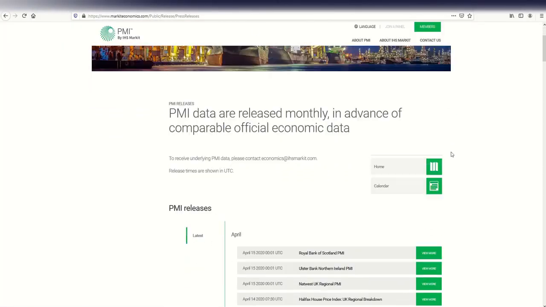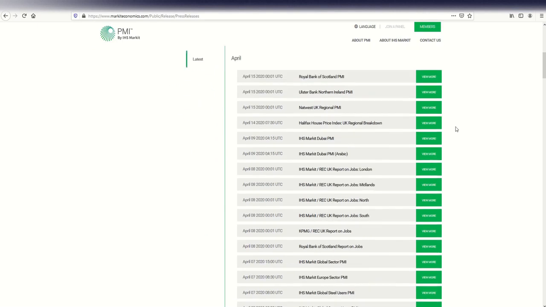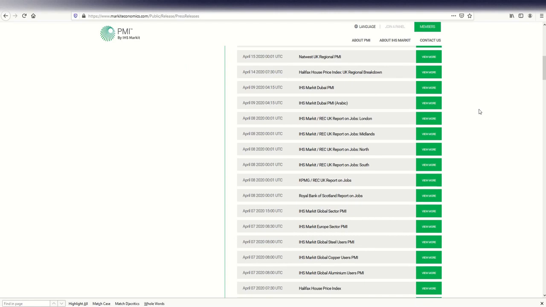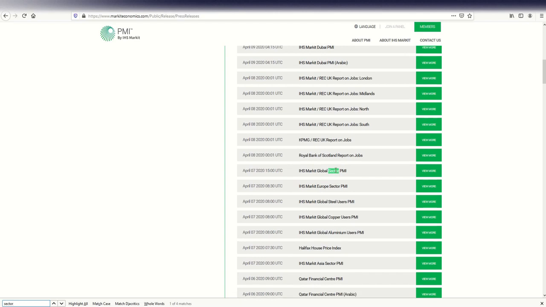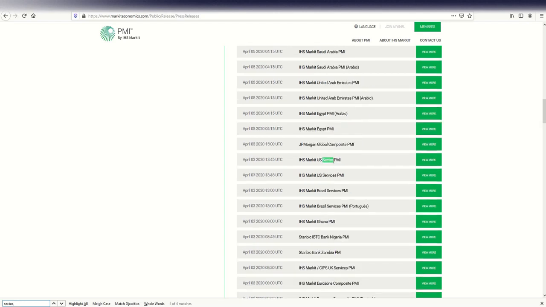Plug it in, and here you get all the releases for all the different PMIs that are produced. So we'll do a control find, and we'll look for sector. There's the global sector PMI. There's Europe's one, there's Asia's one, and United States. Let's look at United States. I've just clicked on that, and it should open.